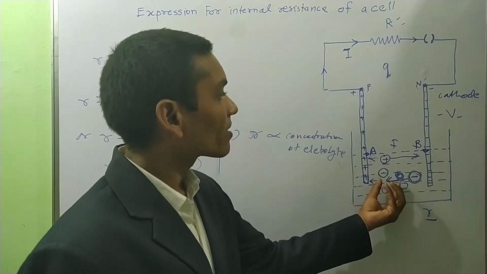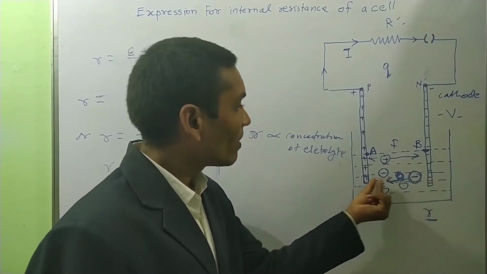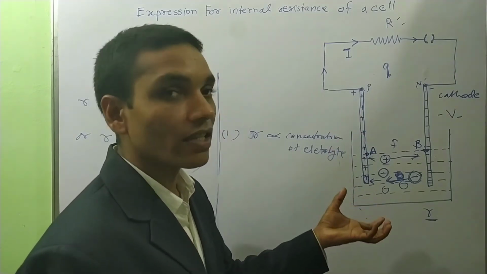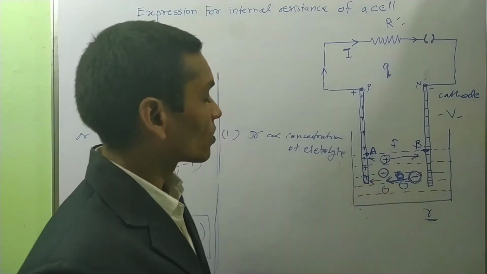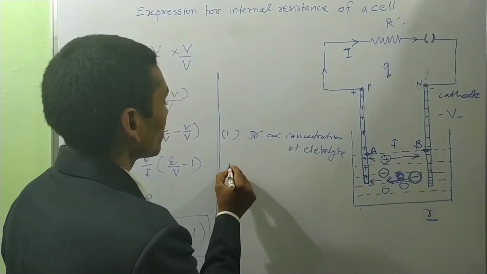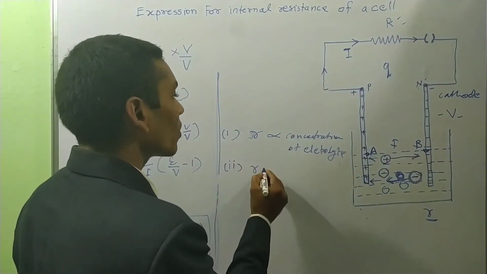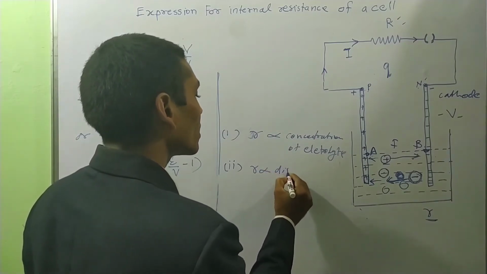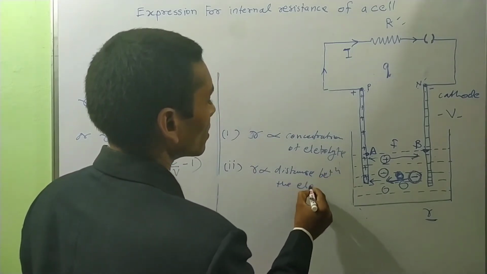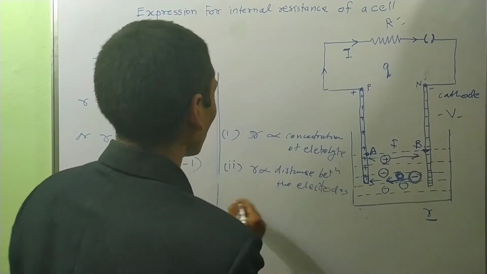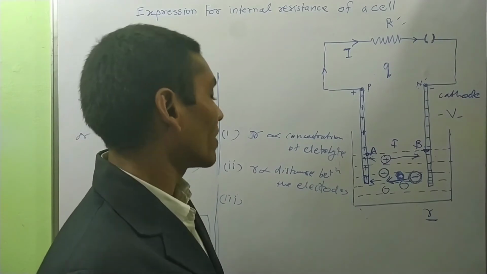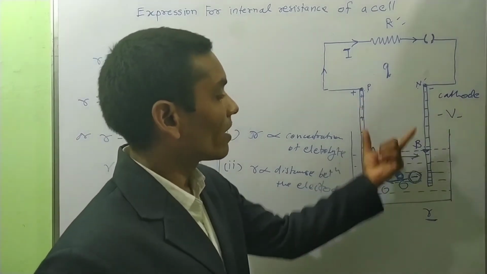The number of ions in the path of the ion traveling towards the positive electrode will be more, and then the number of collisions will be more. So in this case, the internal resistance of the cell will increase. It means the internal resistance of a cell is directly proportional to the distance between the electrodes.